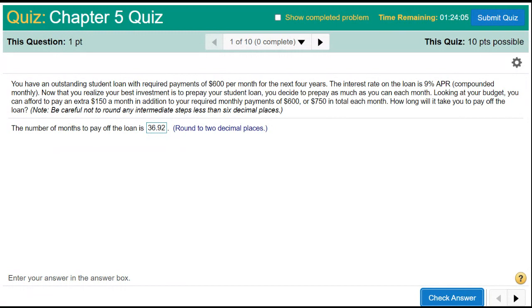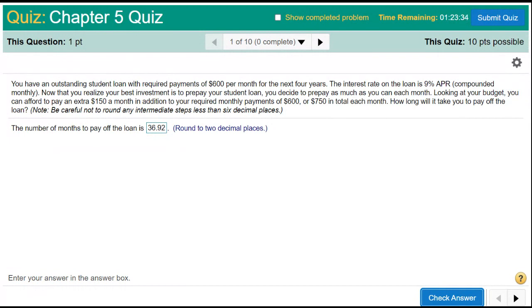After you've done that, you're going to solve for n. You leave n alone, the number of periods, because that's what you're trying to solve for. Then you say 9 divided by 12, which is your interest. The payment has an additional 150, so payment equals negative 750.